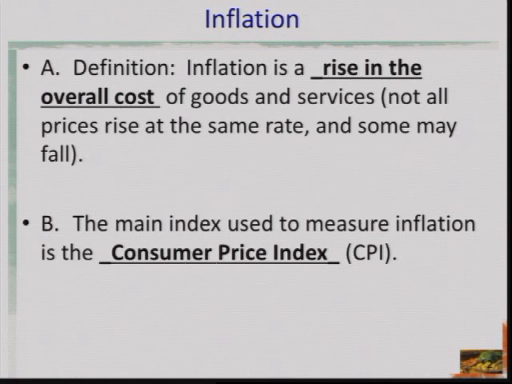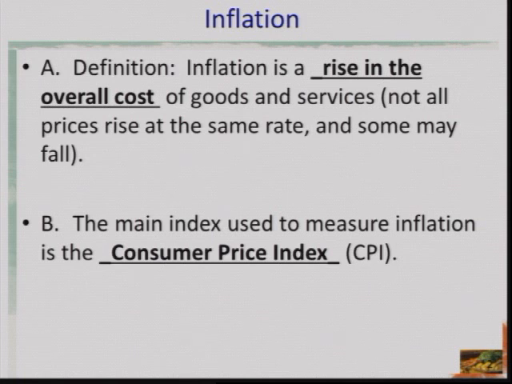But if housing or clothing gets more expensive, and medical equipment, medical care and food get super expensive, even if we have a few items getting cheaper, that's what they're talking about right here. Some prices may actually fall. If we've got a whole bunch of items that are increasing, then the index, which takes into account all of it, is going to go up. And that's what we call inflation.